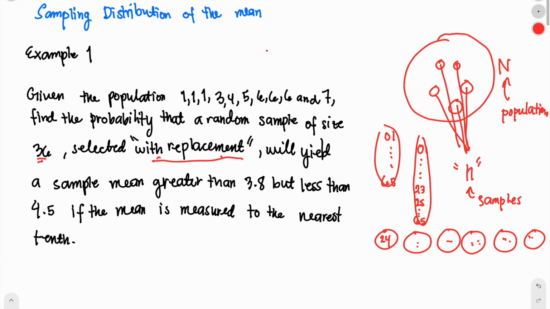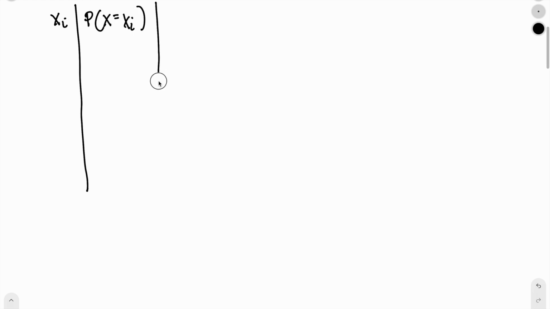First, we need to go back to what we've learned in chapter 1, finding the probability. So, let's go back here. Remember this: x sub i, the probability of x equals x sub i. And then x sub i times the probability of x equals x sub i.